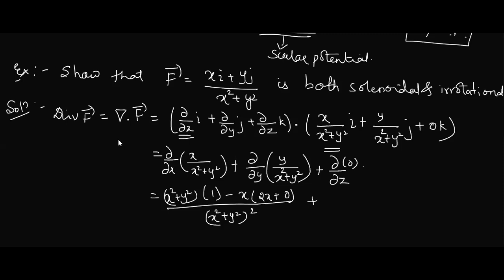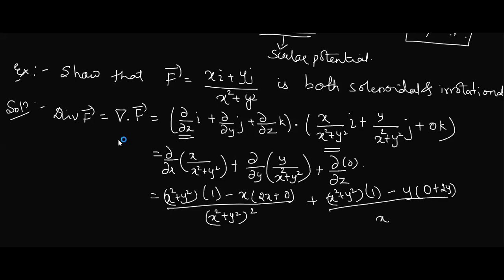Let us apply it in a similar way for the second term, because again both numerator and denominator are functions of y. So write denominator as it is. What is the derivative of y with respect to y? 1. Write y as it is. What is the derivative of x square with respect to y? 0, plus the derivative of y square, which becomes 2y.